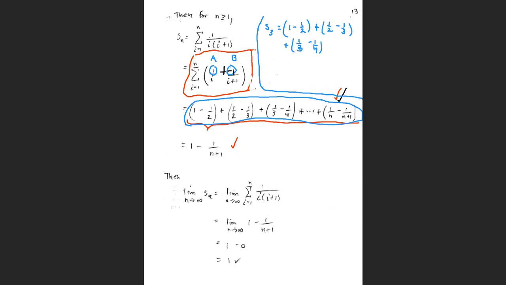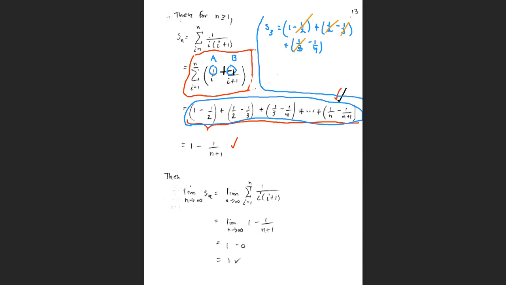Now, what terms cancel there? What terms are going to cancel out for that third partial sum? Okay, that's right, Ange. The halves go out and the thirds go out.